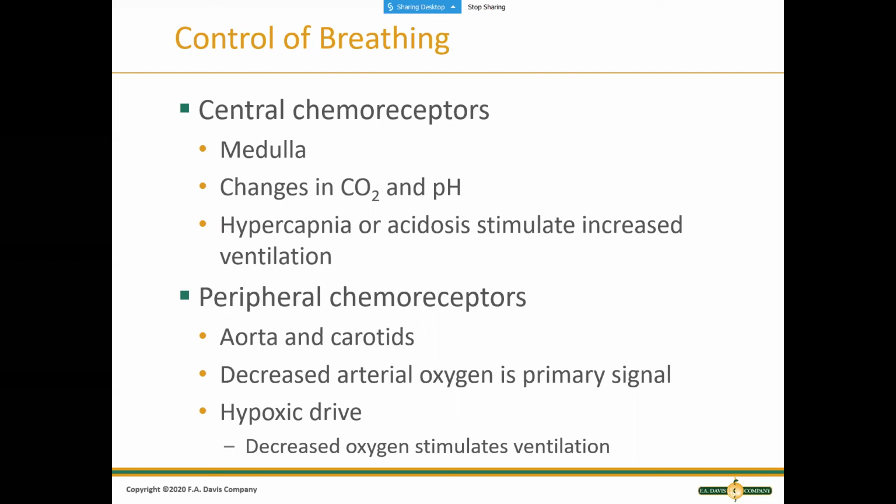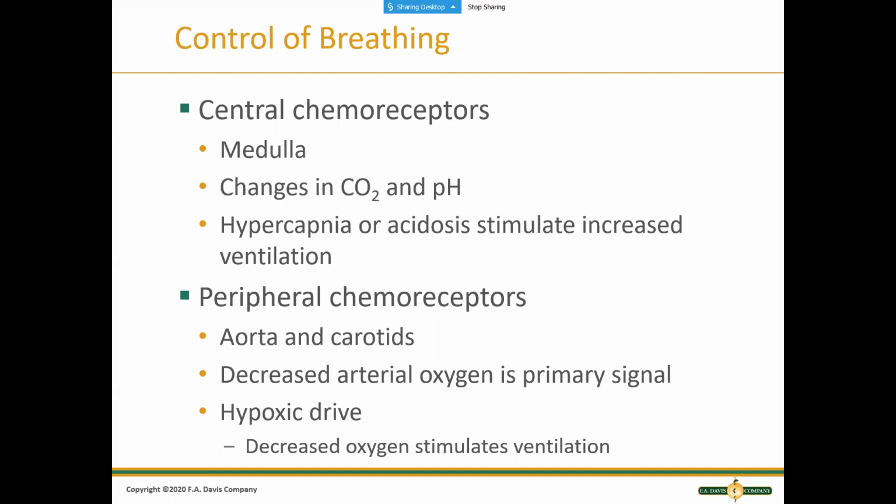For those end-stage lung patients who live in the 50-50 club, their drive to breathe is their low oxygen levels, what we call the hypoxic drive. The CO2 is always high, so their brain learns to tune it out. That's the one patient, a very rare patient, contrary to popular belief.